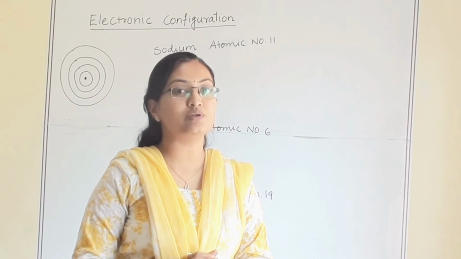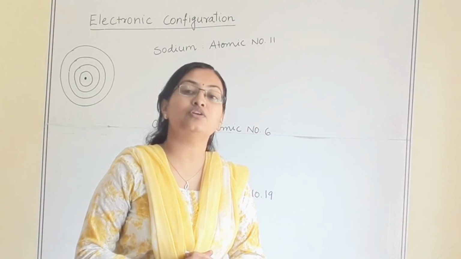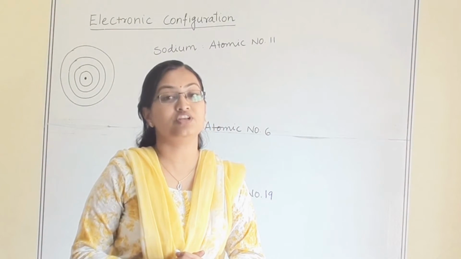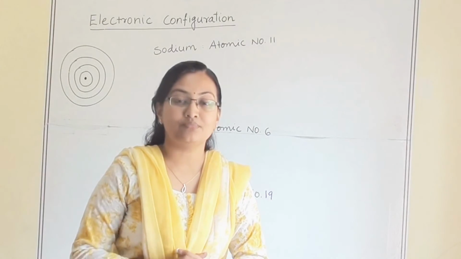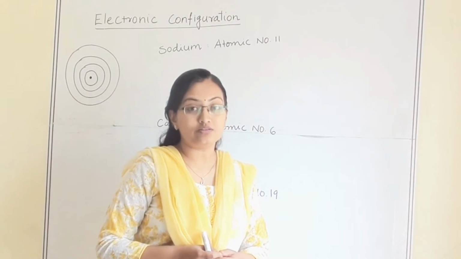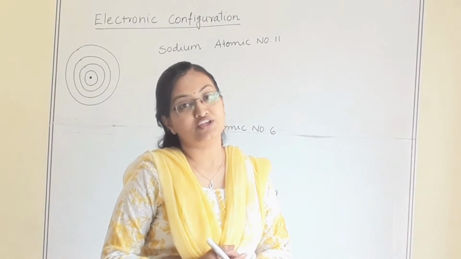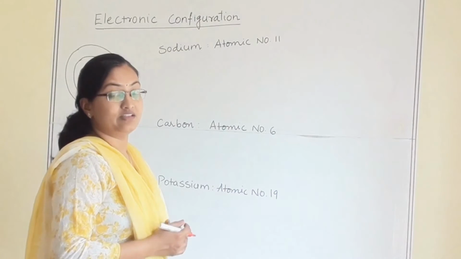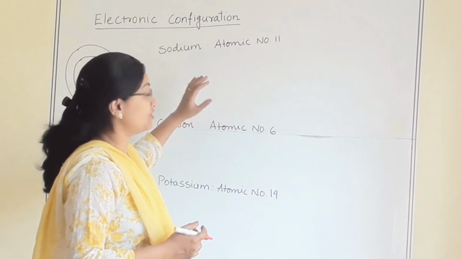The questions will be like, write an electronic configuration for potassium, write an electronic configuration for magnesium. So you should know the atomic numbers of all the elements given in your textbook. Let us try to understand how we are going to write an electronic configuration.